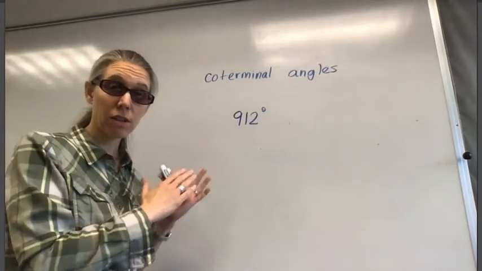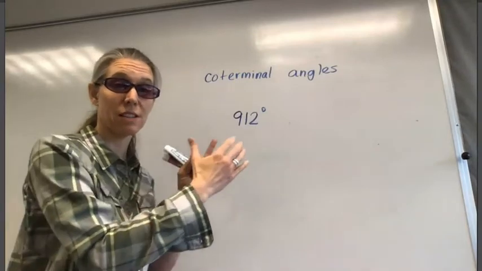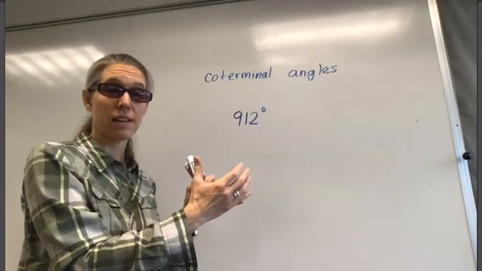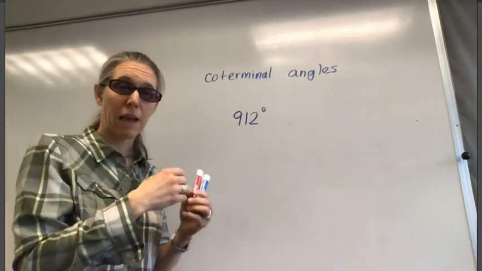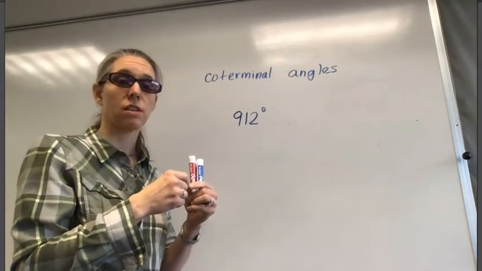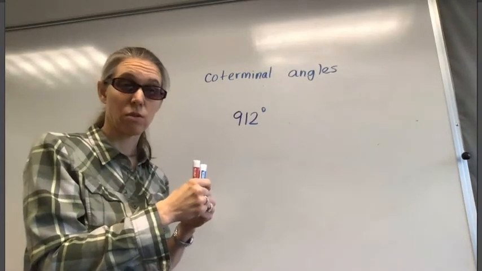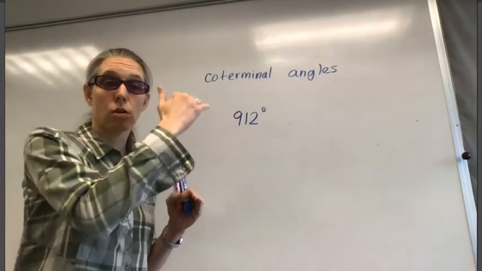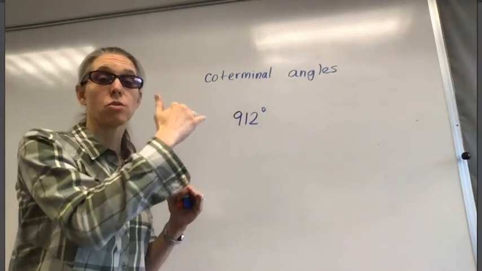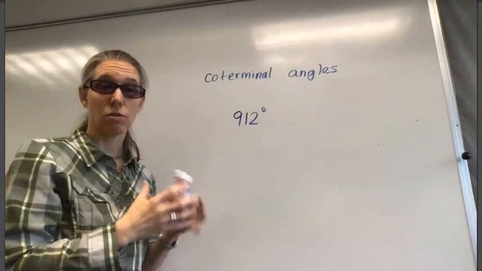So we can convert 912 degrees to something in between 0 and 360 by finding something coterminal. You notice in the previous diagram, I added 360 degrees onto 110 degrees to find a coterminal angle. Similarly, you can add any multiple of 360 or subtract any multiple of 360 to get to a coterminal angle.